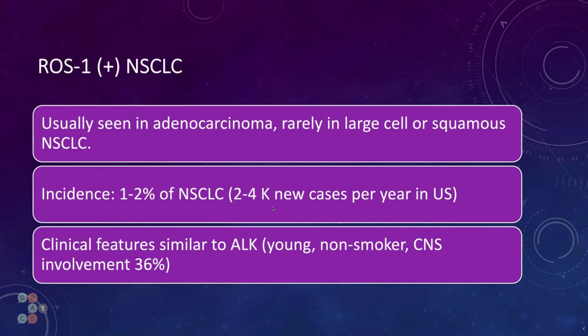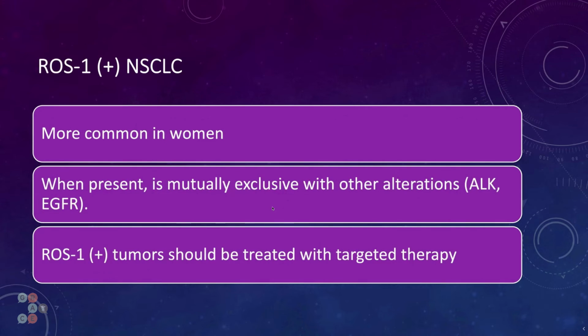And to put it into context, on a non-small cell lung cancer that doesn't have any molecular abnormality, the rate is usually 10 to 20%. And if you look at ALK, which I'm sure you already heard before, the incidence is closer to 50%. So it's more common in women, and when present, is mutually exclusive with other alterations.